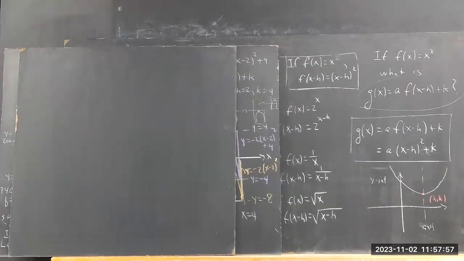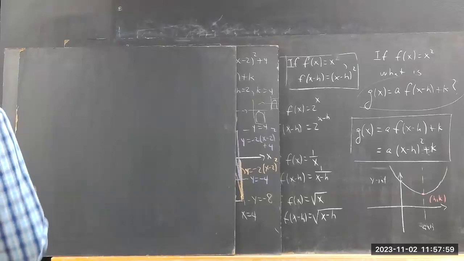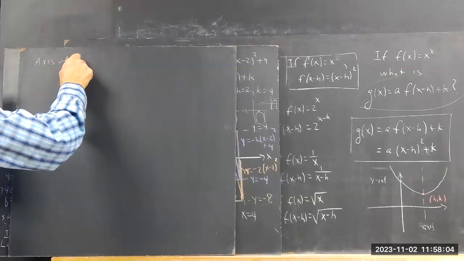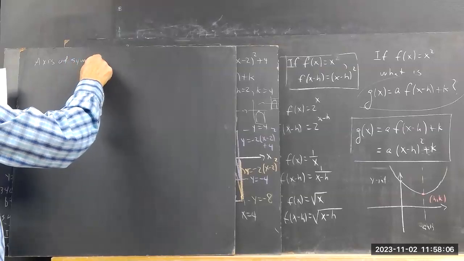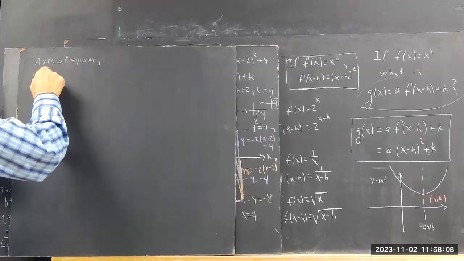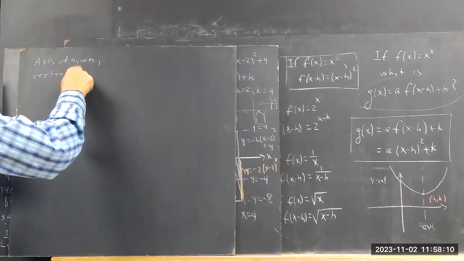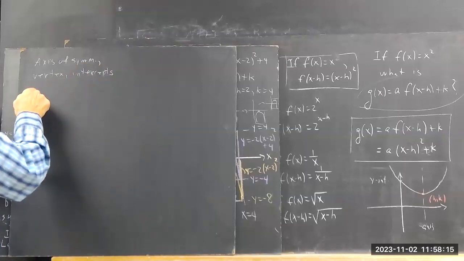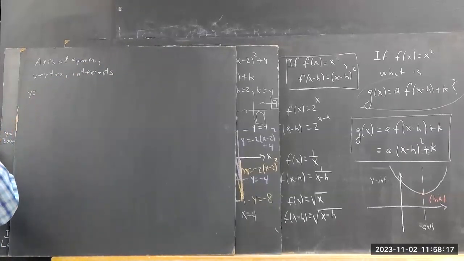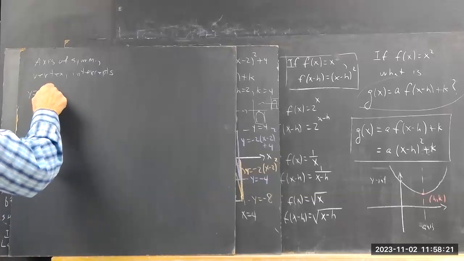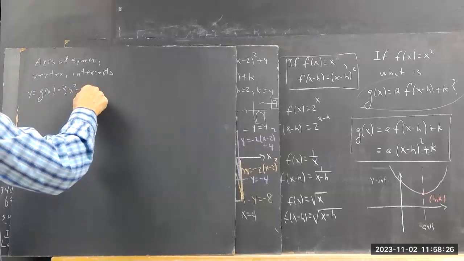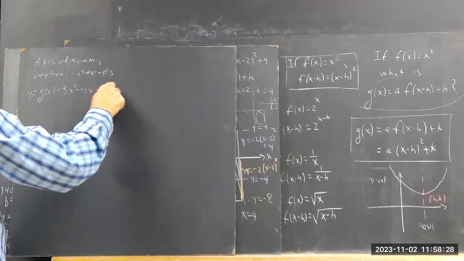So we have the graph, axis of symmetry, vertex, intercept for g of x equals 3x squared minus 4x minus 5.